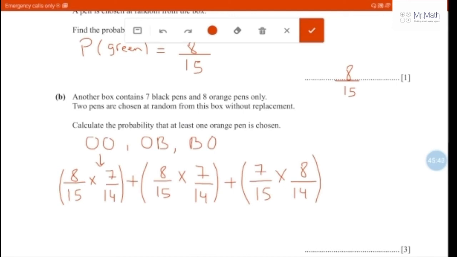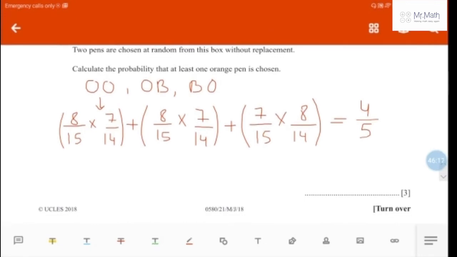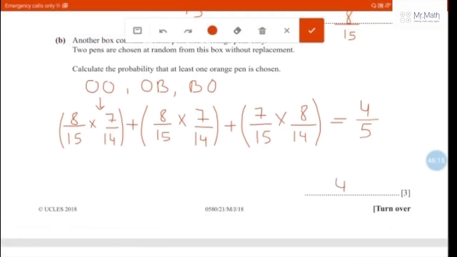So it's 8 over 15 times 7 over 14, plus 8 over 15 times 7 over 14, plus 7 over 15 times 8 over 14. If I do this calculation, I will get an answer of 4 over 5. So the final answer in part B is equal to 4 over 5.